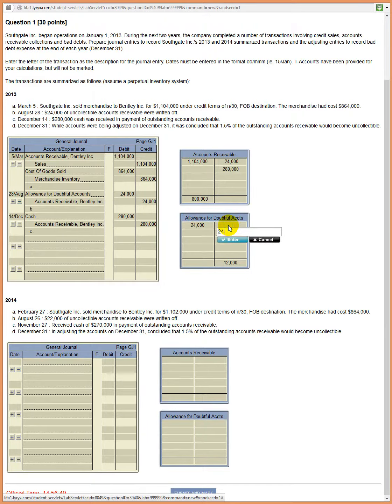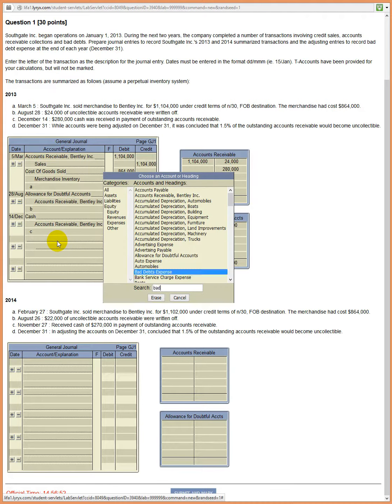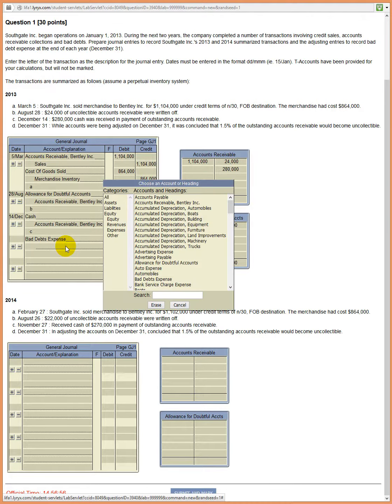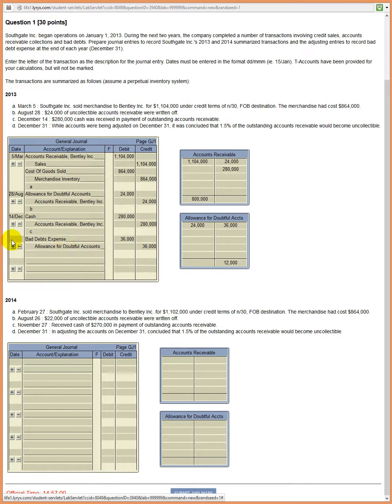So we need to make an entry to get rid of that 24,000 and add another 12,000 to make the balance equal to our target balance. So $36,000 is the amount of the bad debt expense. And of course, the other side of that entry is the allowance. Right there. This transaction was the 31st of December, transaction D.